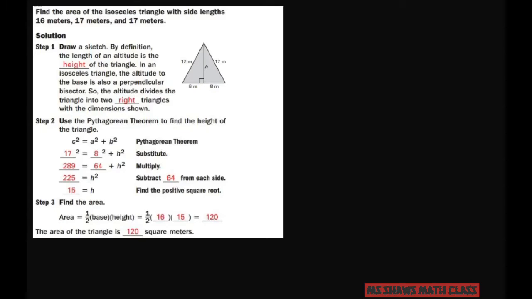All right, and here's another example. Here we have to find the area of the isosceles triangle with these side lengths. So you want to find the height. To find the height, we first have to find this part here.